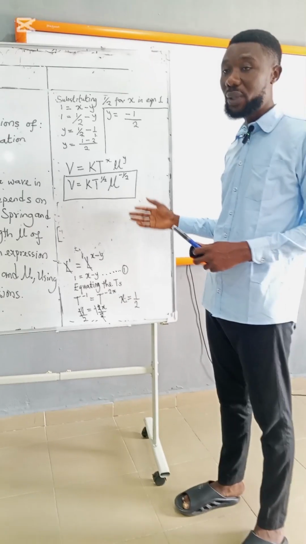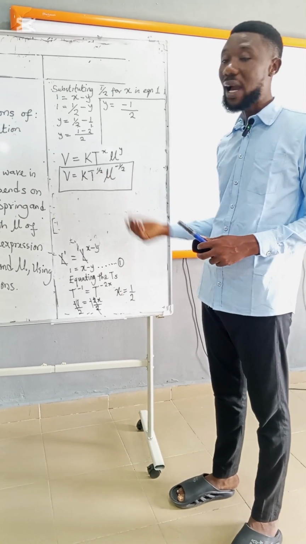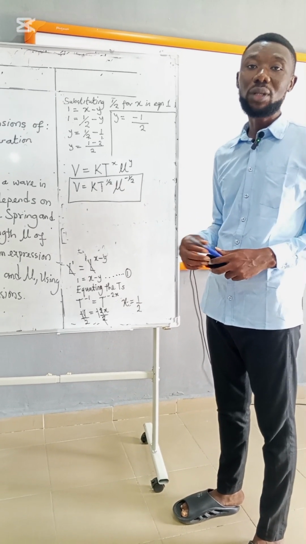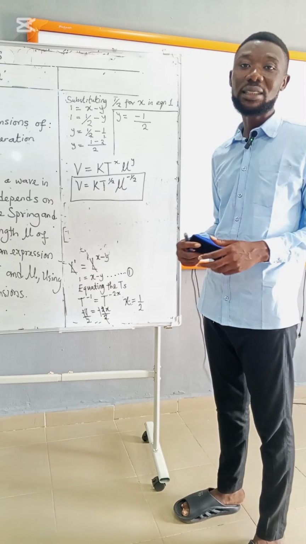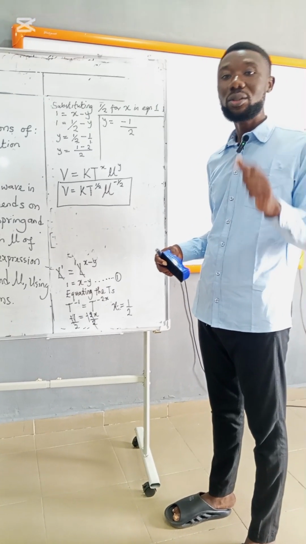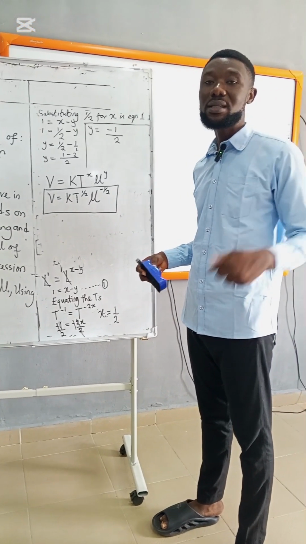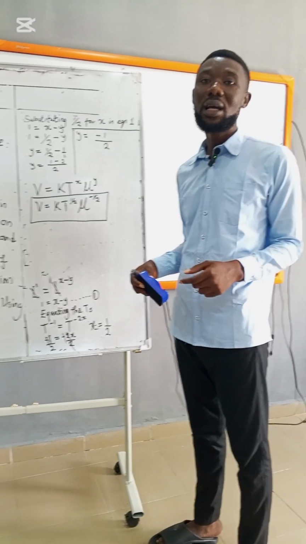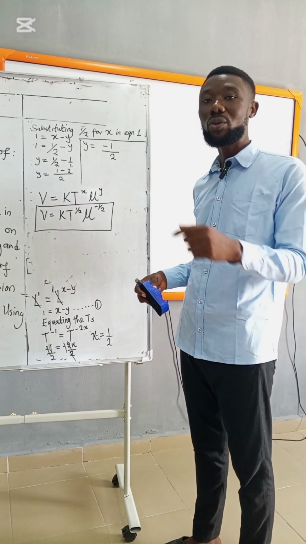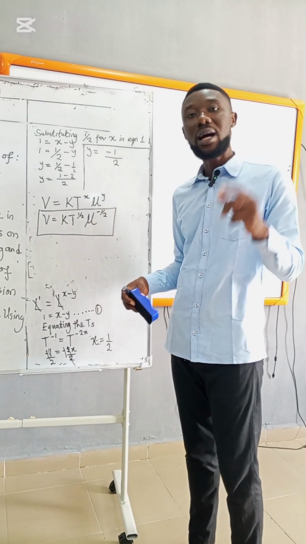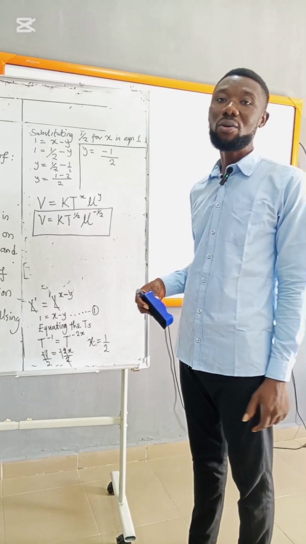So I'm going to stop here, but if you want to find k, I'm just going to give everybody that as assignment. You do it and you paste it on the comment section, and in our next video I'm going to finish up this and tell you if you're right or wrong.